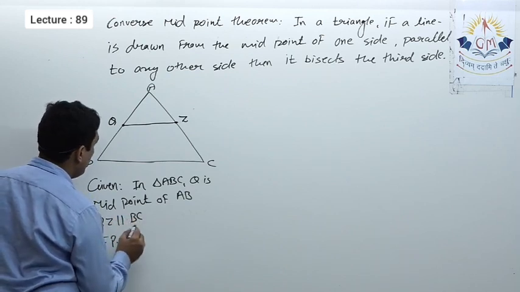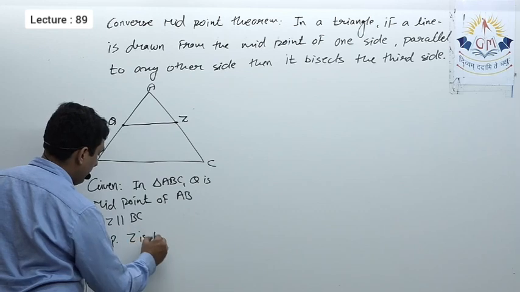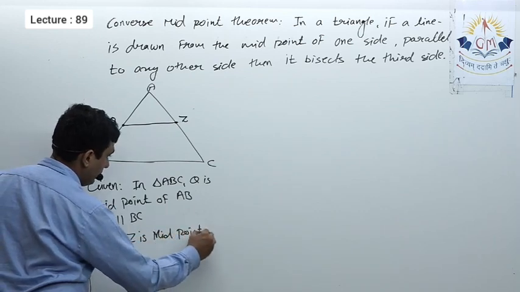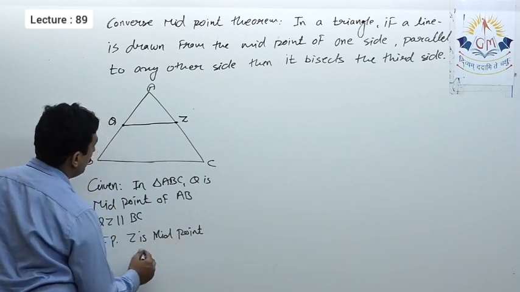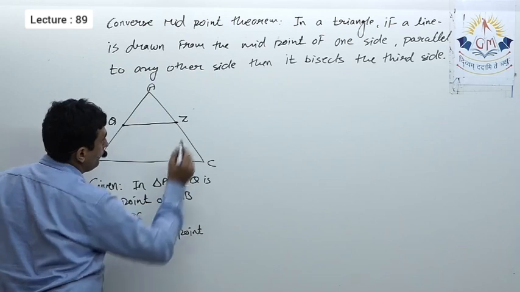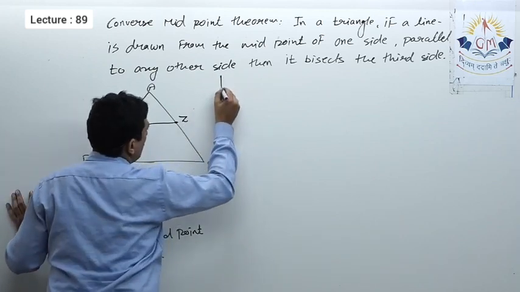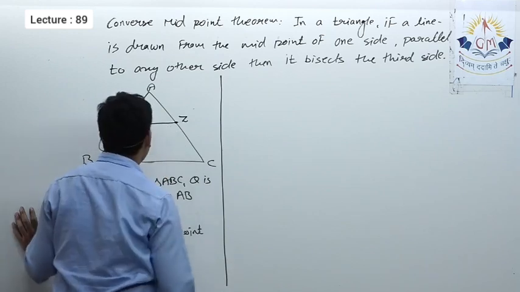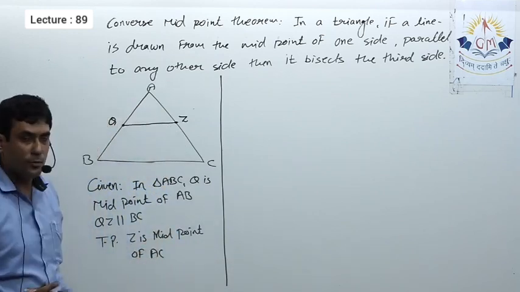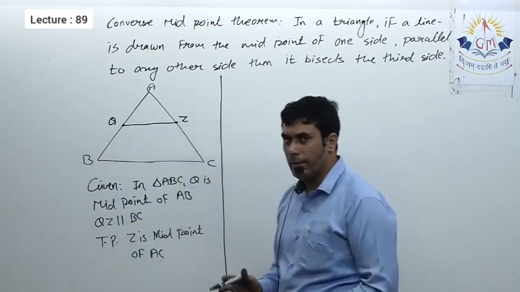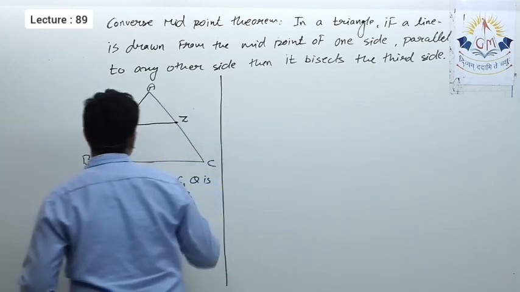To prove, Z is the midpoint of AC, that we have to prove. There are two methods to solve this. One is the method of contradiction, and there is one more method without using contradiction, but the method of contradiction takes less time, so I use that.